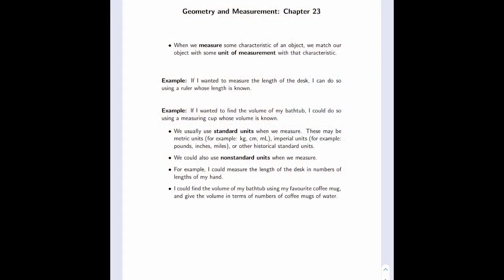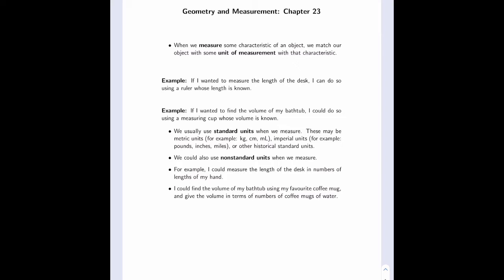Trying to stay with roughly where the course went last year, which was essentially the first half of chapter 23. So 23 is on geometry and measurement, and when we measure a characteristic of an object, we're really matching that characteristic with something that we know something about, and we call that a unit of measurement.